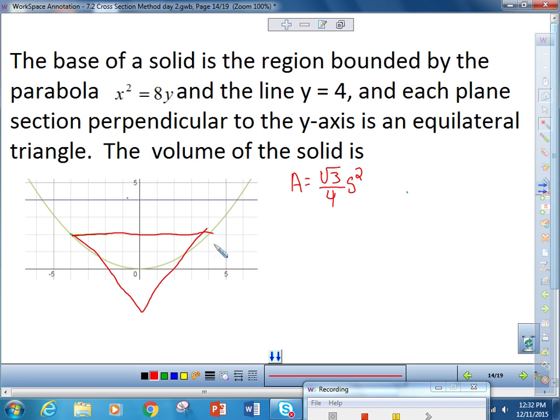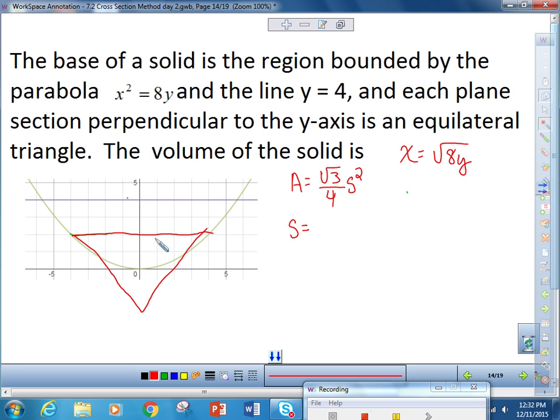And what would be the length of s? Okay, I need to solve this equation in terms of y. So what is x equal to? Square root of 8y.